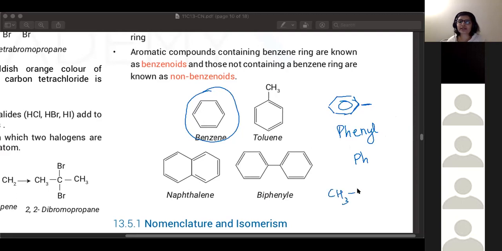Like if you've got a long aliphatic chain, CH3, CH2, and then CH, there is a benzene ring. So whenever you have a structure like this, it is treated as a branch, as a substituent, and in that case, the prefix that you use is phenyl. Okay, that's why you've got biphenyl. So that's basically two phenyl structures attached to each other.